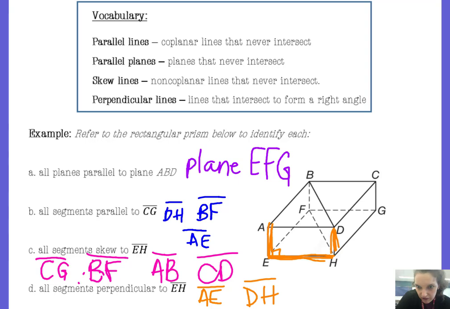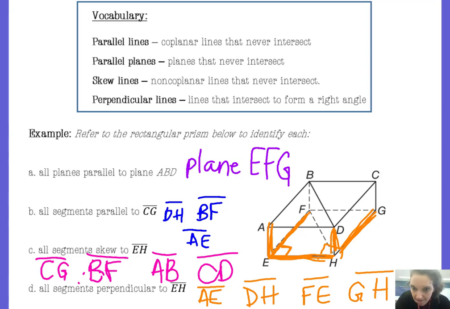Like this is a right angle, this is a right angle. They're perpendicular. But then also EH and FE are perpendicular. Here's a right angle right here. So FE would be perpendicular to EH. And then also GH would be perpendicular to EH. And there you go.